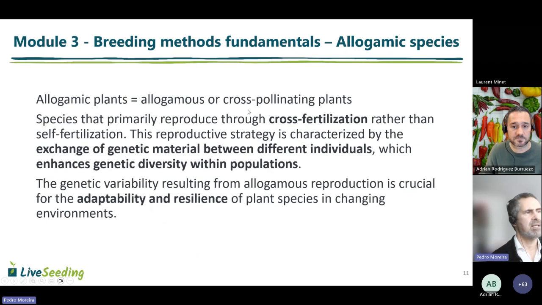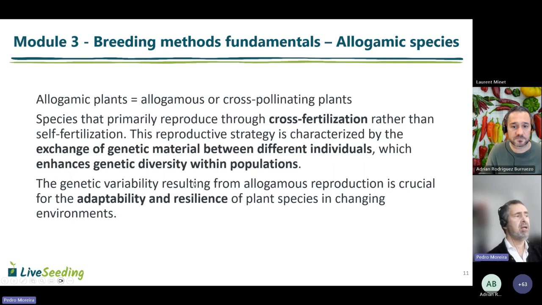Well, I think that this was already stressed by Professor Adrian regarding the allogamic plants, that are the same as allogamous or cross-pollinating plants. They exchange genetic material between different individuals, which enhances the genetic diversity within the populations.